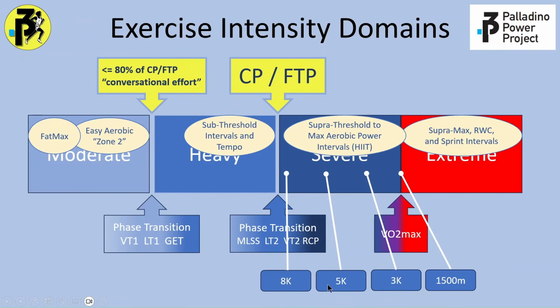Within that severe domain, 5K specific power right in here, 3K, and then right on the border, right around VO2 max, around 1,500 meter for most individuals. Around 1,500 meter power is sort of getting into that border area between severe and extreme.